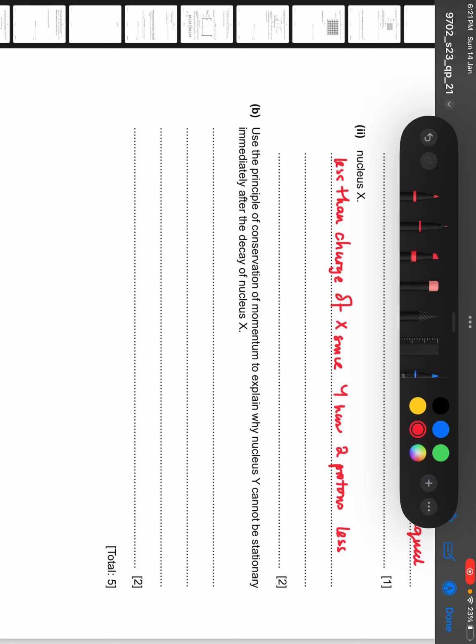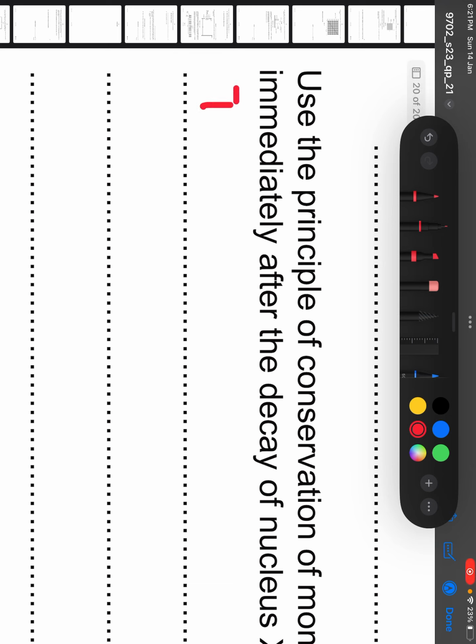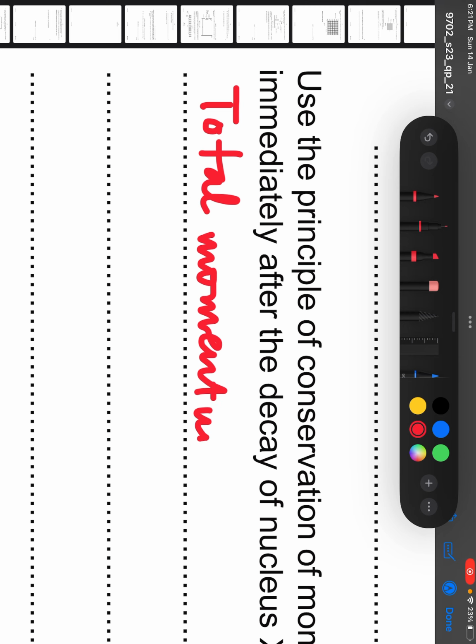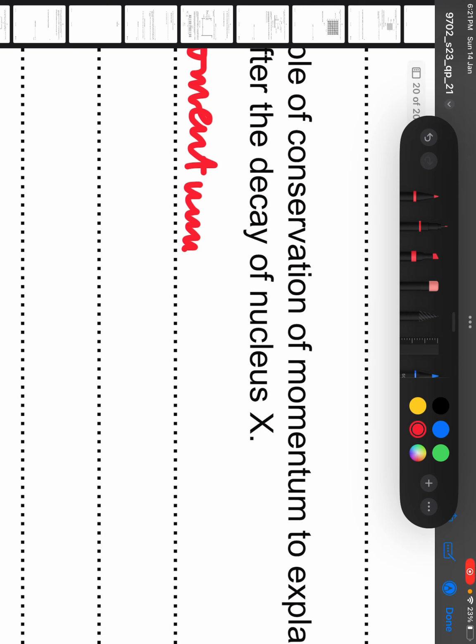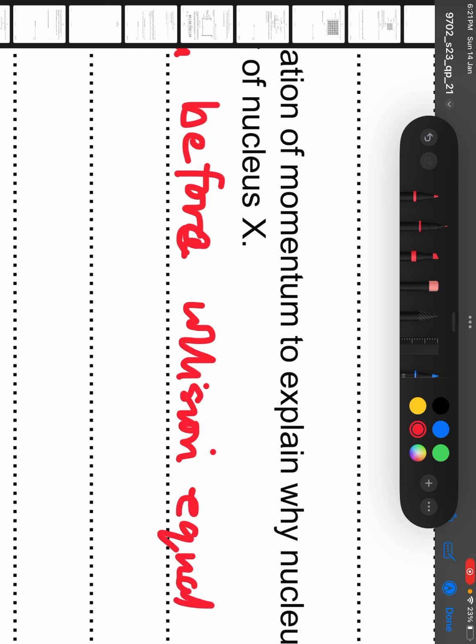So the answer would say: total momentum before collision equals 0.